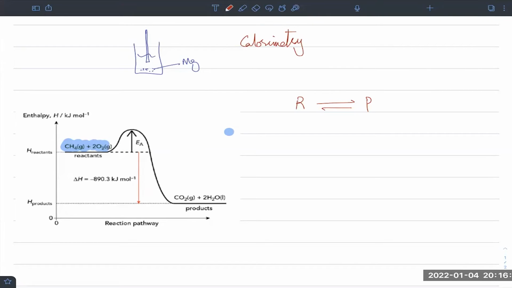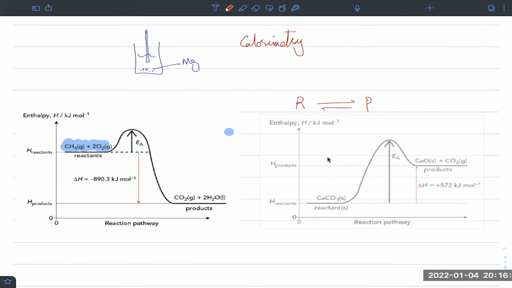Now, you will always see a hump in this energy profile diagram, regardless of what reaction you're looking at. You might look at a reaction that is different from this. For example, if I had calcium carbonate and I was breaking it down, it will give me something like this probably. Now, there is again a hump in there.